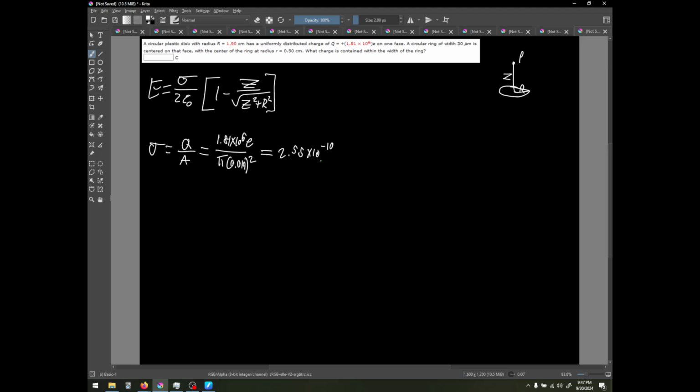Oh, this is like a particle. So we've got... What does it even mean, width?